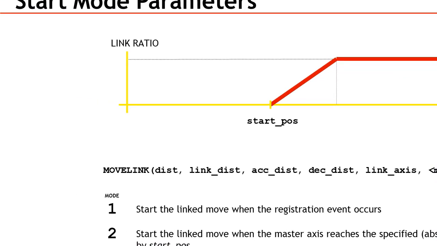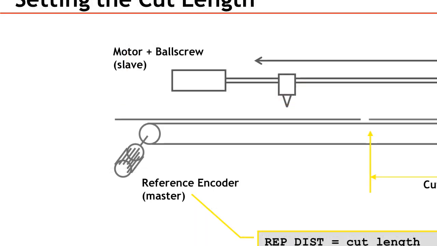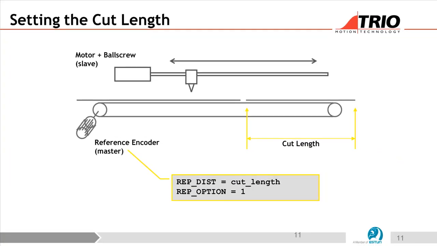So if we set the MoveLink to start on 0 every time, and then we set the rep distance to the cut length, after one length it will go back to 0, and then our MoveLink will start. So we're doing an automatic MoveLink trigger on the repeat length of whatever we want to cut.